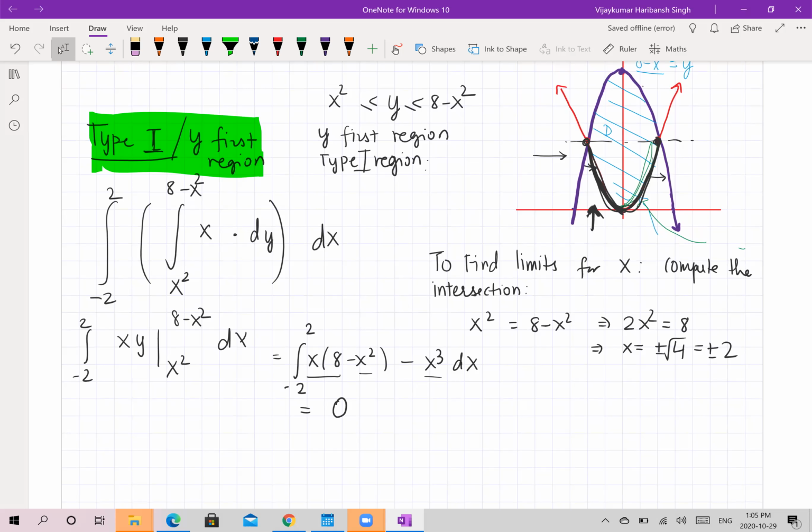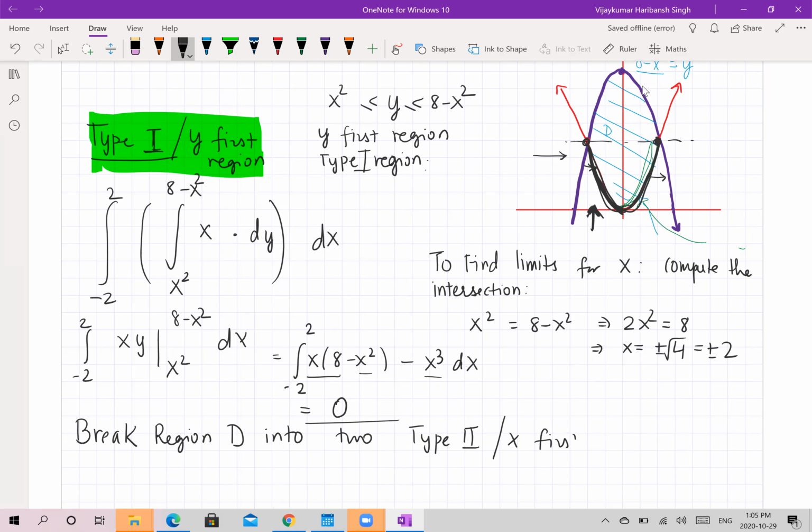So, homework: break region D into two type 2, or x first, regions and calculate the integral.